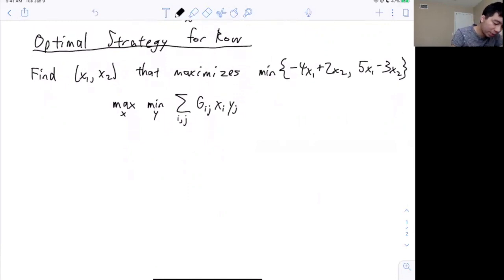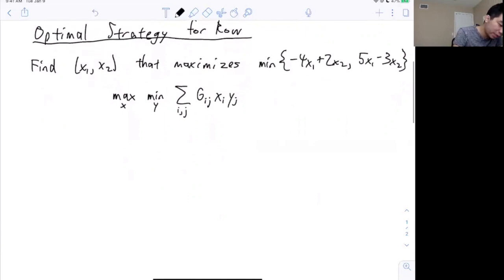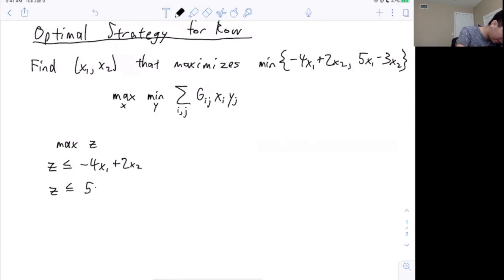Now you can represent this with a linear program. The way you would do this is you would define an additional variable, let's call it z, and say that z has to be constrained by both of these values. So let's say we are trying to maximize z such that z is less than or equal to -4x1 plus 2x2, and z is less than or equal to 5x1 minus 3x2.